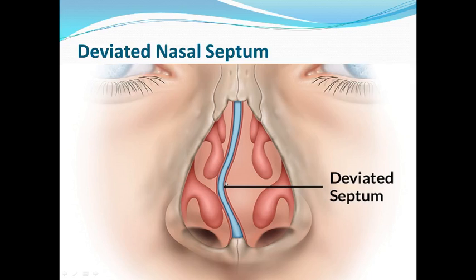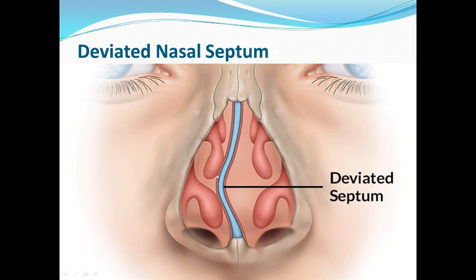It can deviate to the right or left side, and wherever it deviates, it will cause irritation, inflammation, swelling or overgrowth of the surrounding nasal mucosa, making breathing difficult and sometimes hindering the sense of smell too.